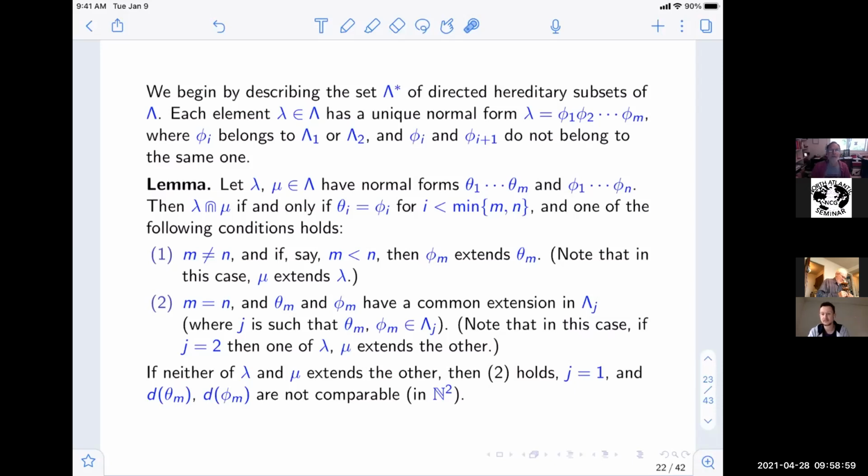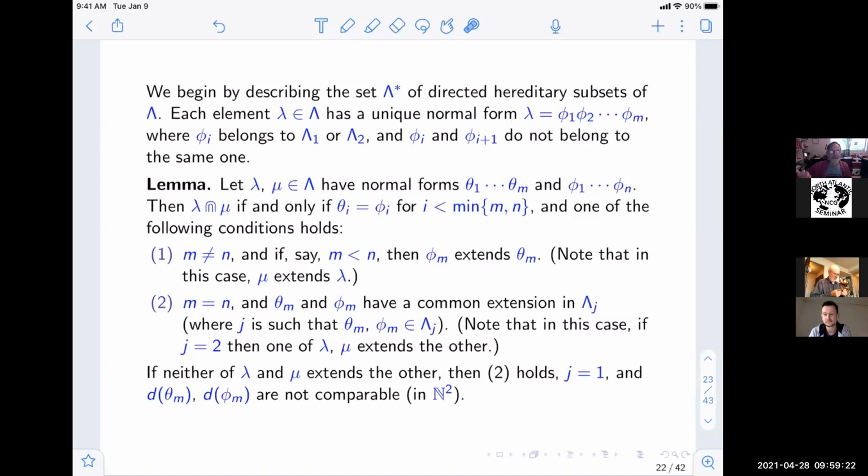Infinite paths is like it. So this is a really good point that I forgot to mention. People would often like to think of these directed hereditary sets as being like infinite paths in this graph.